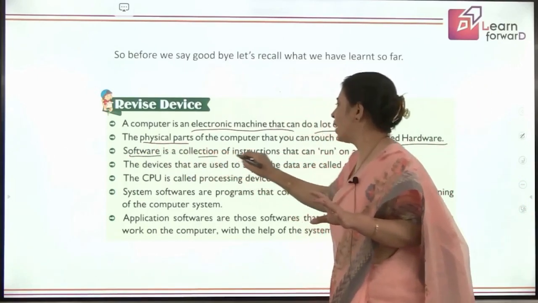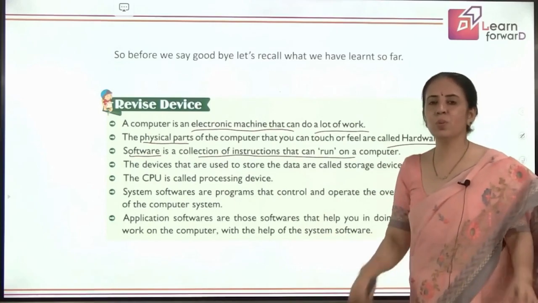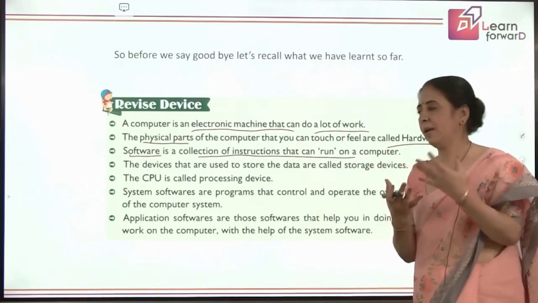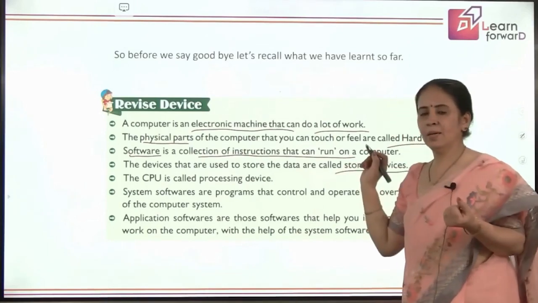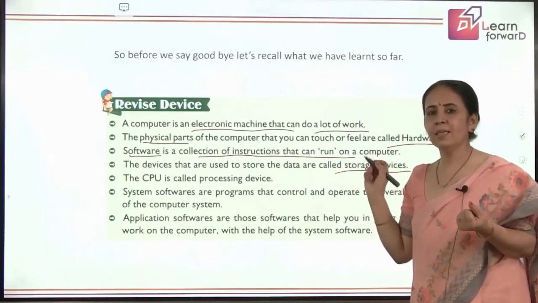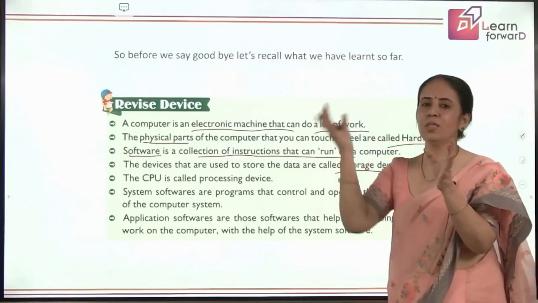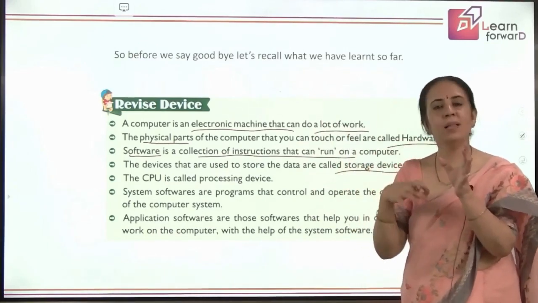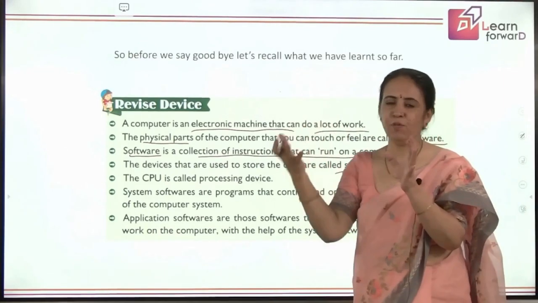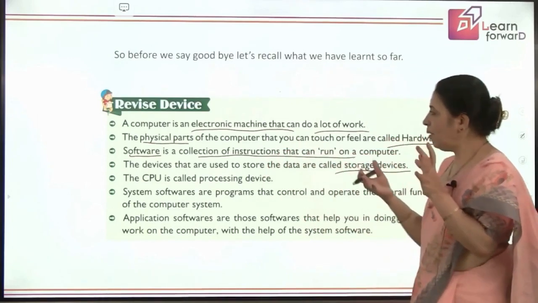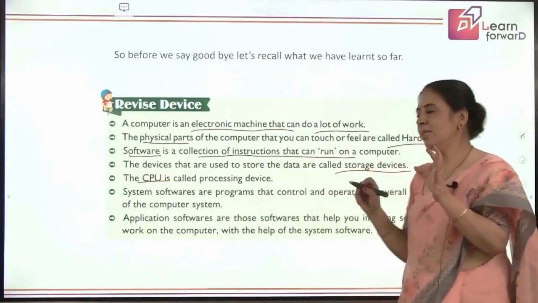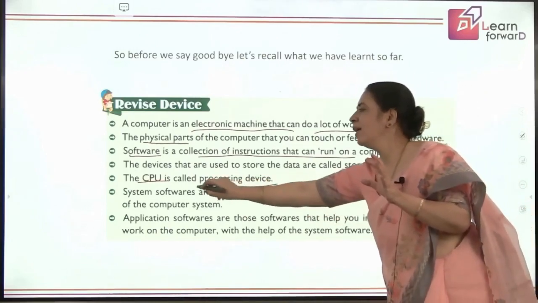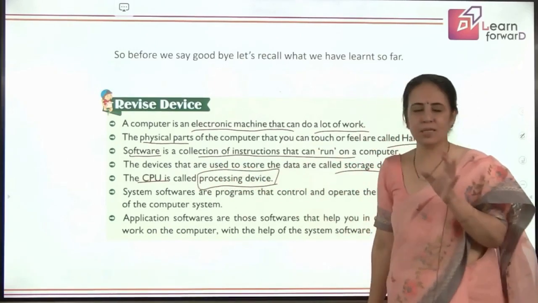So software are the set of instructions which help the computer to run, right? And storage devices. What are storage devices? The device which stores your data that could be used in the future. Then we come to CPU, that is Central Processing Unit. It is the processing device attached to your computer system.